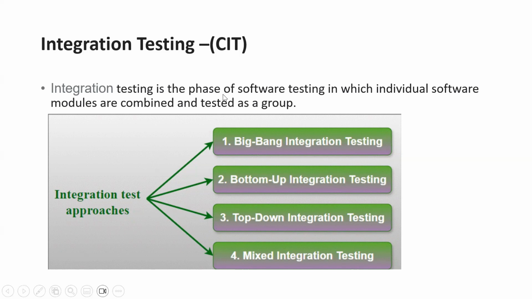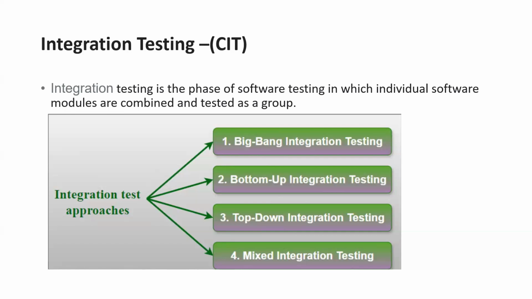Integration testing is the phase of software testing in which individual software modules are combined and tested as a group. And there are 4 types of integration testing: big bang integration testing, bottom up integration testing, top down integration testing, and the fourth one is mixed integration testing.